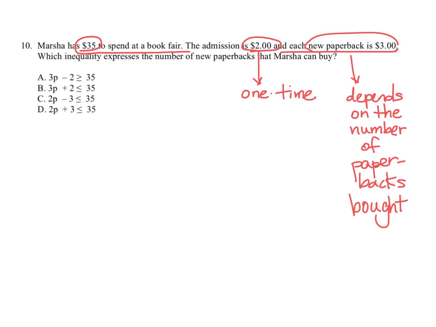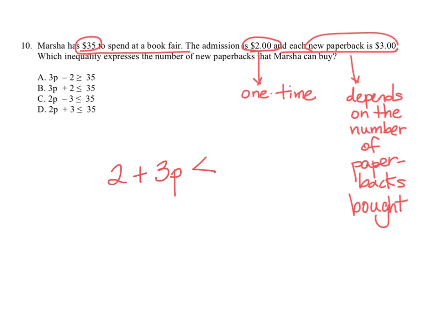Since the varying amount is 3, we will write 2 as a constant, as a number that doesn't change. And we will add 3 times P. P will represent the number of paperbacks Marcia buys.